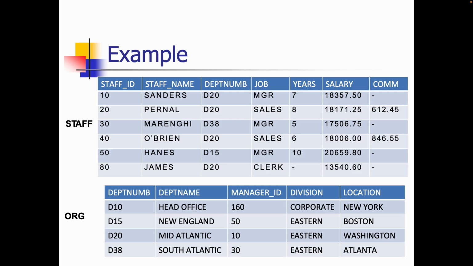Okay, so just to show you the tables. If you see the staff table, each row corresponds to a unique staff. So if you want to find the employees with average salary greater than the company's average salary, you first need to find the company's average salary, which was our nested query: select average salary from staff.